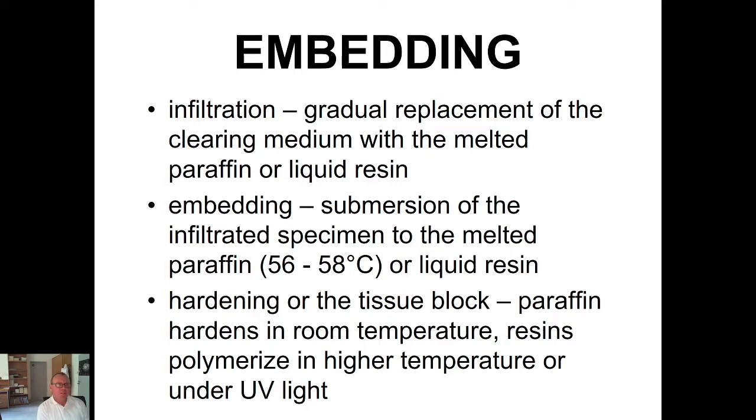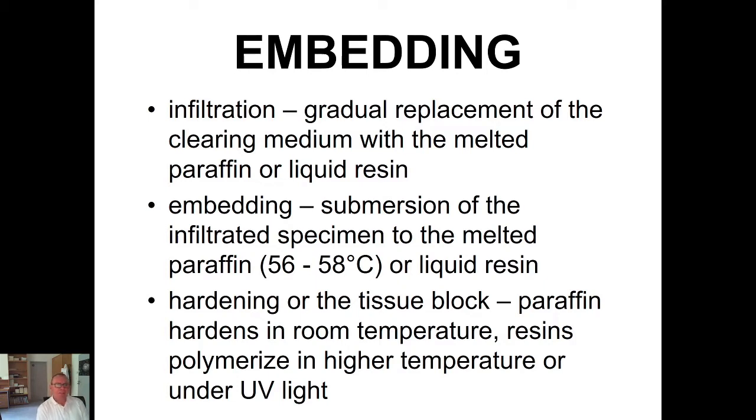So the histological procedure before embedding is still replacement of some solution by another solution. The last of these steps is infiltration. The tissue is infiltrated by melted paraffin or liquid resin. This proper embedding is submersion of the infiltrated specimen to the embedding medium.